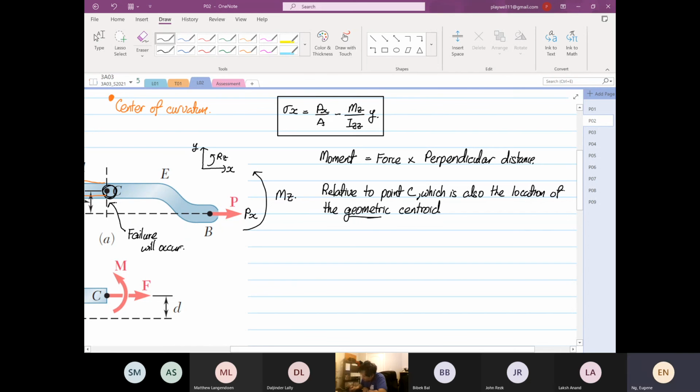I highlight geometrical because the centroid is usually discovered based on geometry.